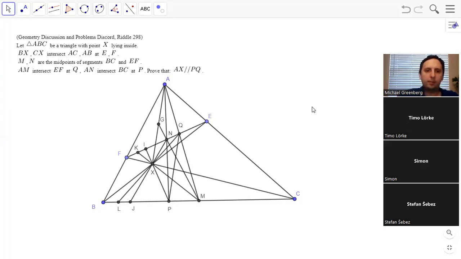I think it might be obvious that AK and L are collinear, because we want to show that FKQE is equal to BLMC, right?